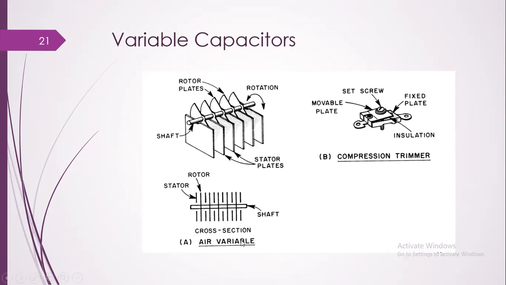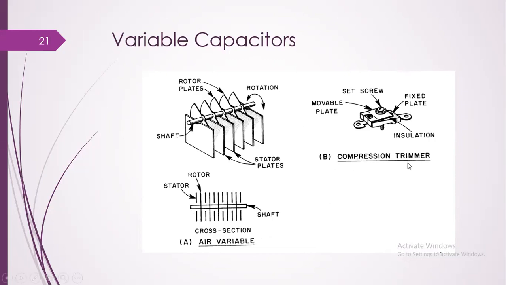In figure A, you can see the cross section of these plates formed this way. It shows the shaft, stator and rotor concept, fulfilled by the rotation of half plates and full plates, by which the capacitor stores electric charge and reduces its charge.